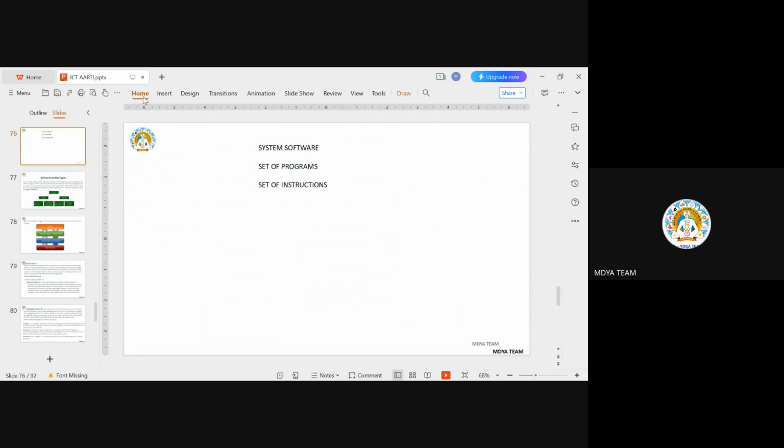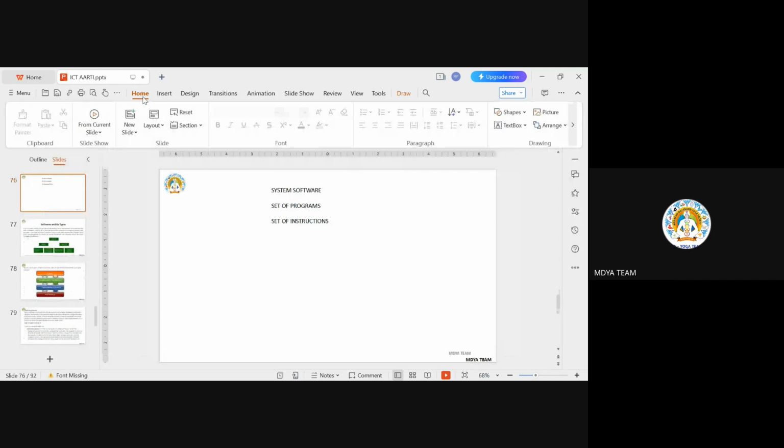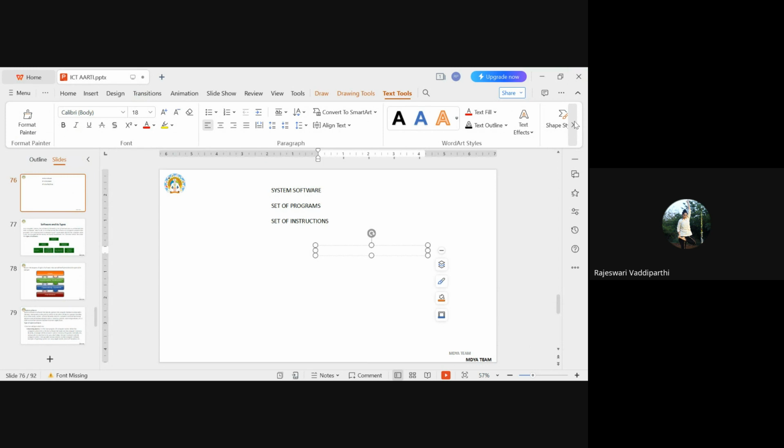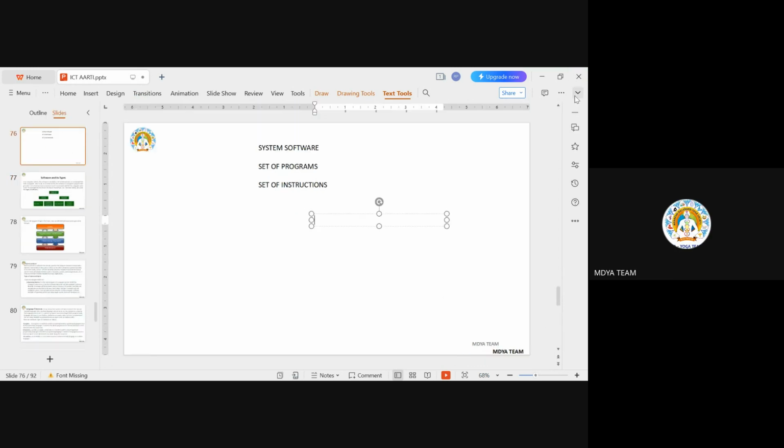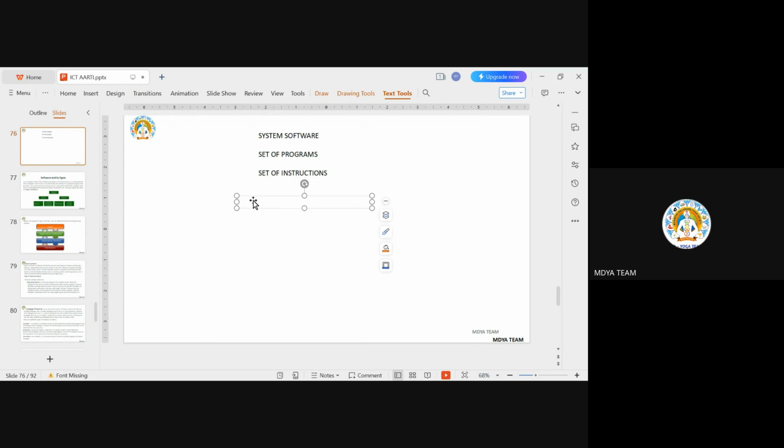The basic example of system software is the operating system. Many instructions are written in the operating system, and it works on the basis of those instructions.